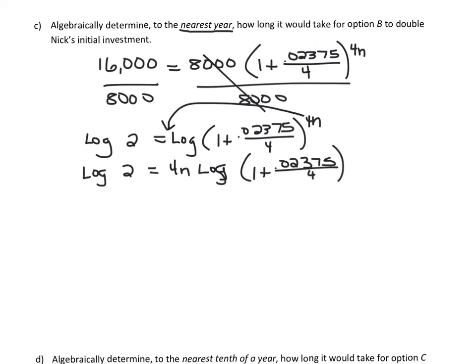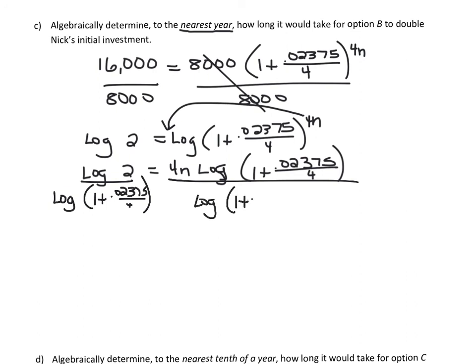Okay, so to get this n by itself, we have to get rid of the 4 as well as the log of what's in that parenthesis. So we're going to have to divide by both of those. All right, I'm going to first divide by log of what's in our parenthesis there. And that way on the right-hand side of the equation, those cancel out, and I could bring down the 4n.